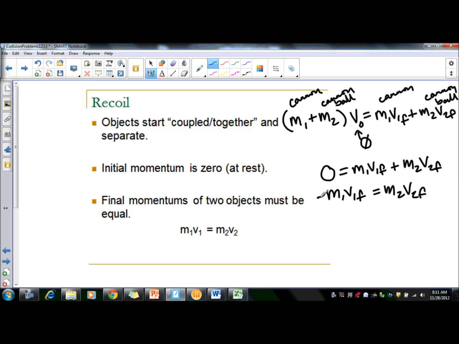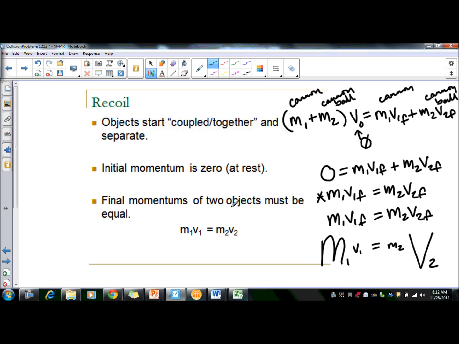Now, we really don't worry about this as much, and so we're just left with m1 v1f. So the cannon is equal to the cannonball. Since the cannon is so much more massive, the velocity is really small. So this is a huge mass with a little velocity, whereas this is a little mass with a big velocity. That's why cannons are so big.